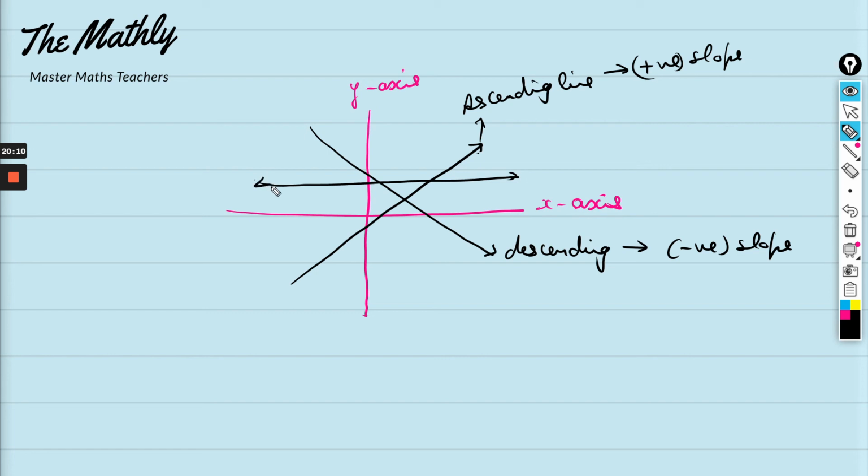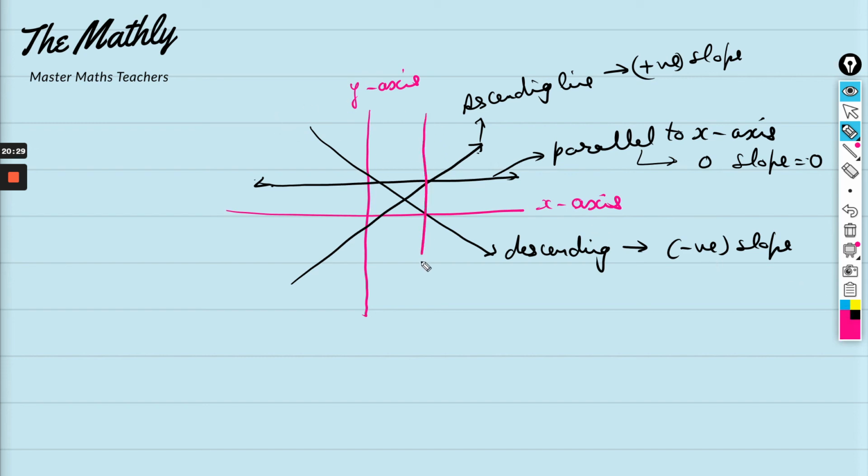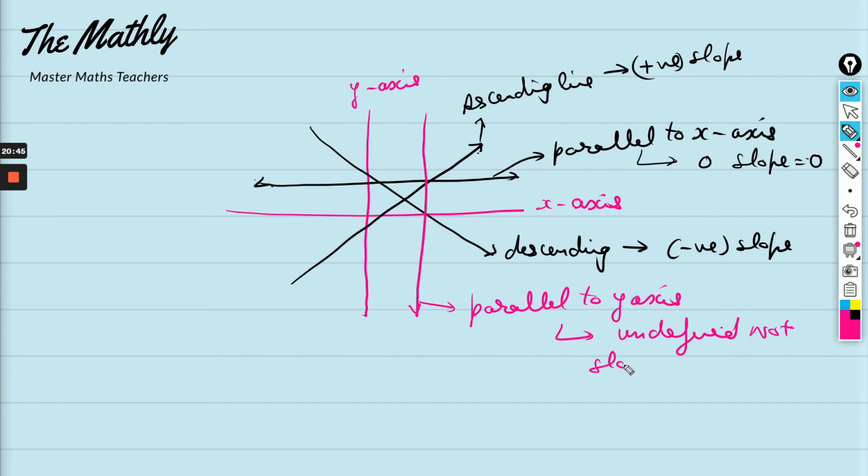If the line is parallel to the x-axis, it will have zero slope. The slope is zero. But if the line is parallel to the y-axis, it will have an undefined slope. The slope is not defined.